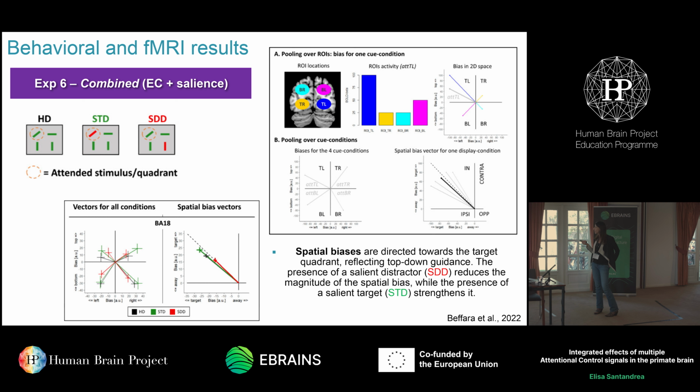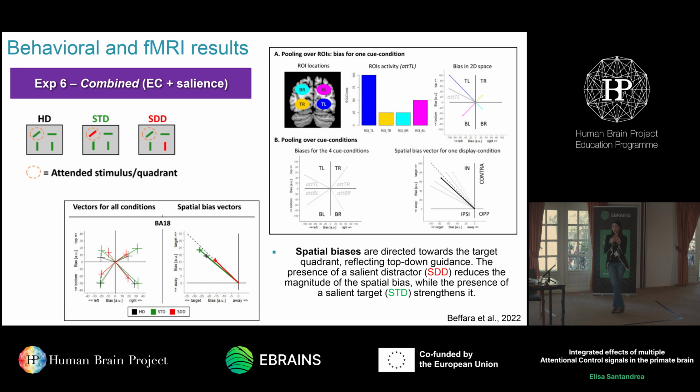But this vector is modulated by the presence of a saliency-related signal. And basically, the length of the vector here represents the amplitude of the bias. And the bias is reduced in the case there is a salient distractor, and is enhanced in the case there is a salient target.